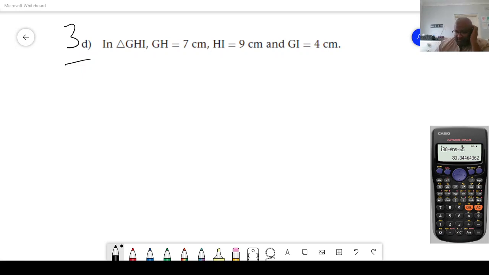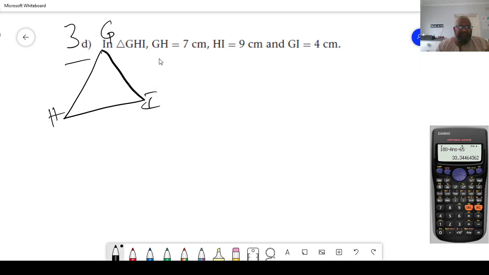Okay, so in question 3D on page 352, we are told that in triangle GHI, so let's draw the triangle GHI: HG is 7, HI is 9, GI is 4.